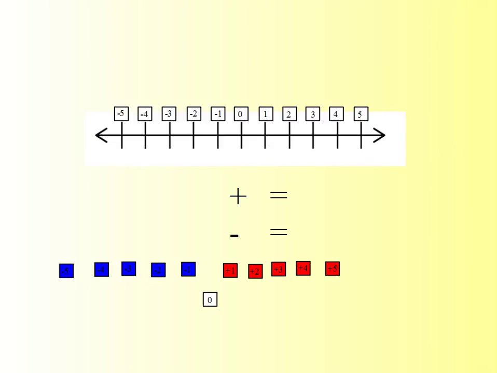So let's take two integers here, for example, -2, and we're adding +3.